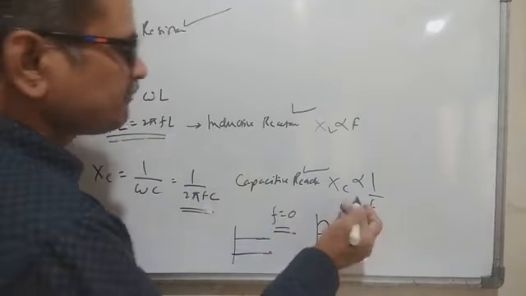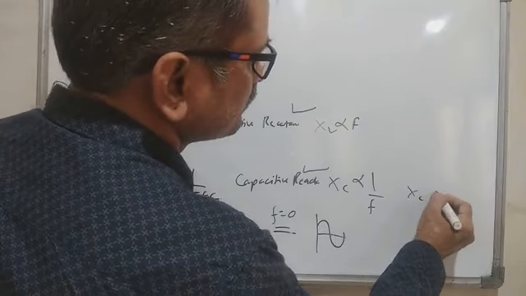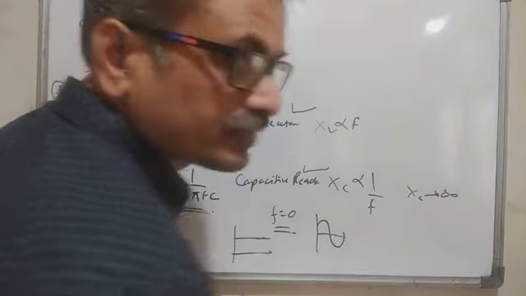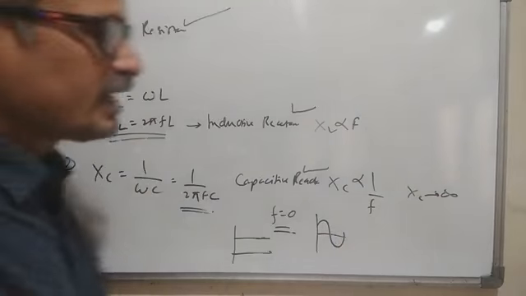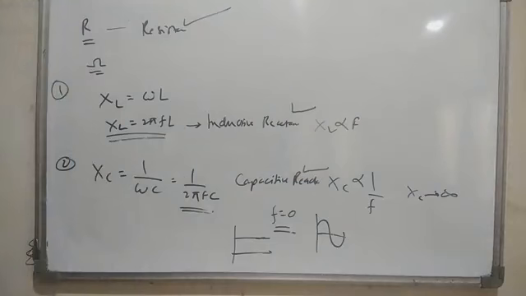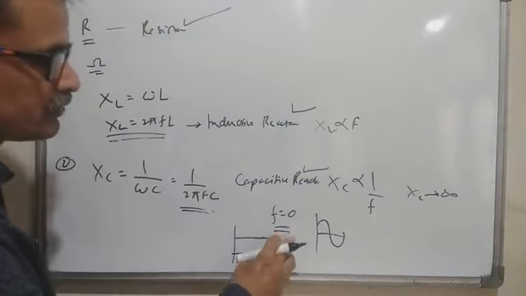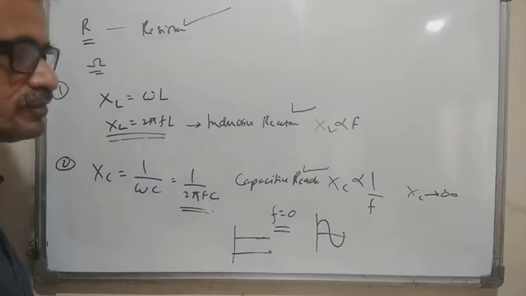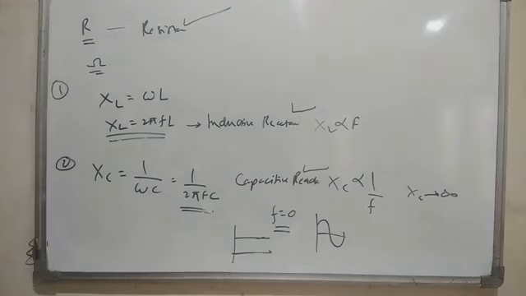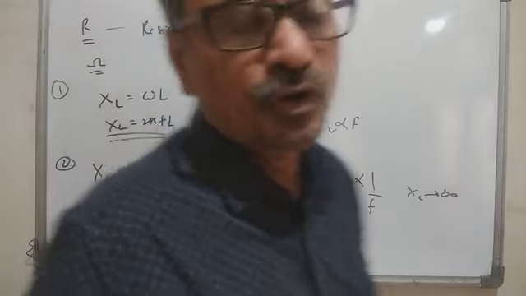If I put f equal to 0, XC will be infinite. It will offer infinite resistance to the applied voltage. So that means the capacitor has a tendency to block the DC.